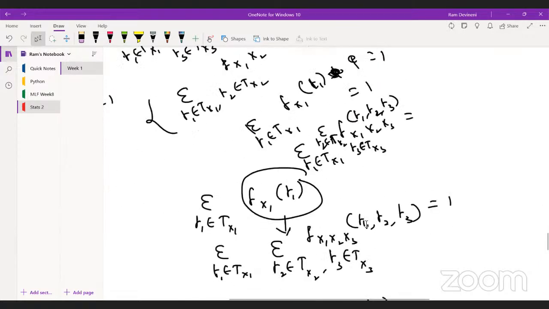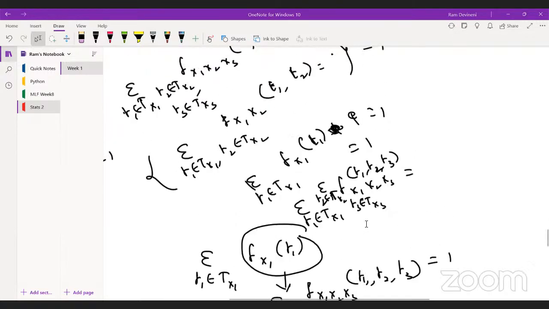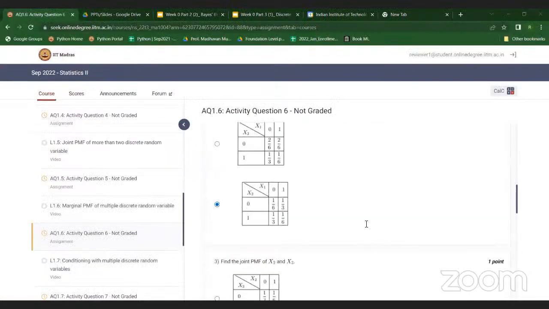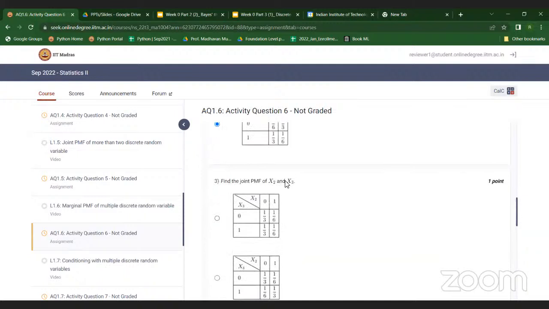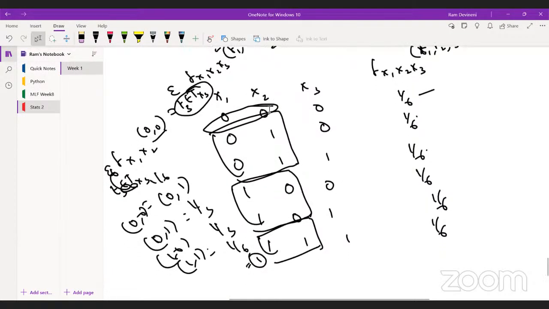Okay, by solving this, what we get is the correct answer. Find the joint PMF of x2, x3. So x2, x3 took 0, 0 in 2 cases.